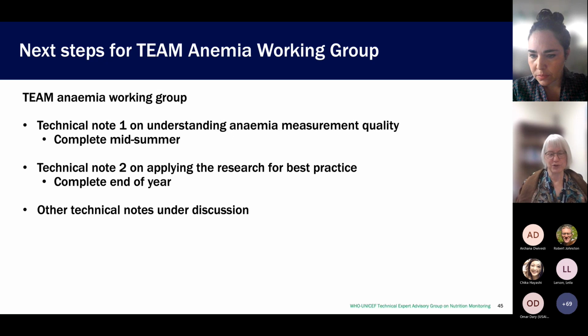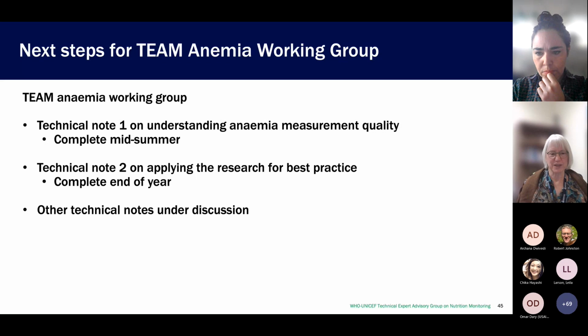And technical note 2, and I noted that there were some who were interested in things like, what's happening? Is there some kind of adjustment that we need to do? Technical note 2 will be addressing more of the research that Dr. Dary and also Sorrel Namaste discussed with the DHS data, the research that is still coming out.